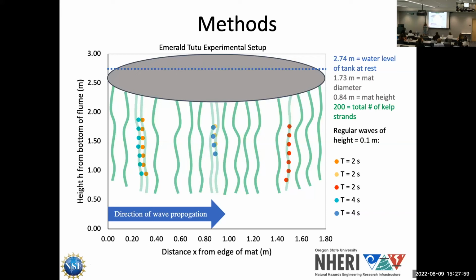That's why you see multiple strands there. For my analysis, the variables that were different were that I tracked each ball at 3 different locations along the mat, at various different heights, and 2 different wave periods of T equals 2 seconds and T equals 4 seconds.